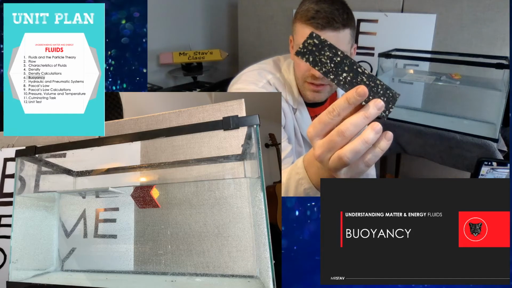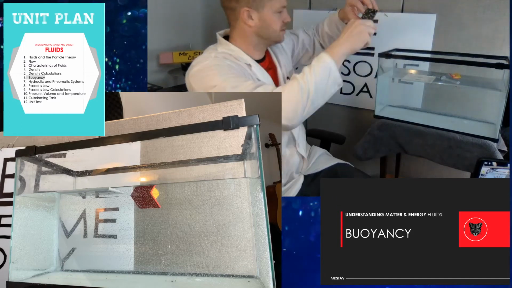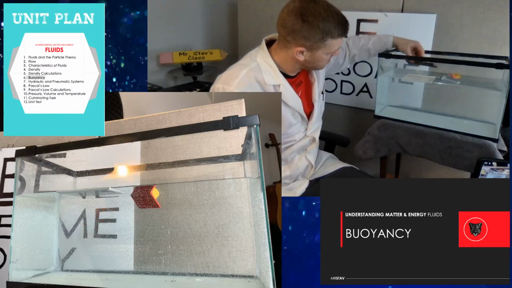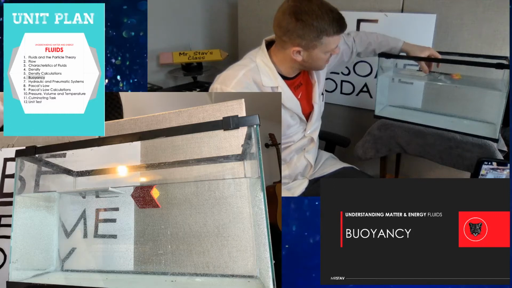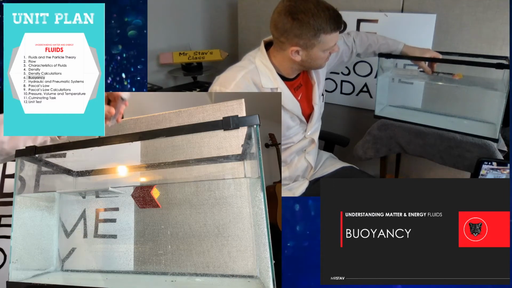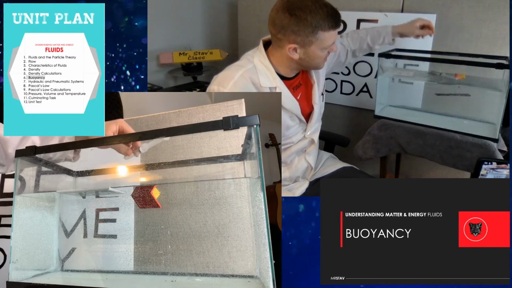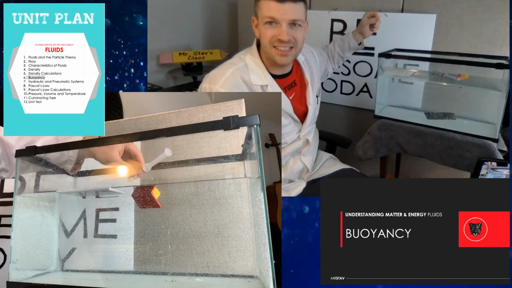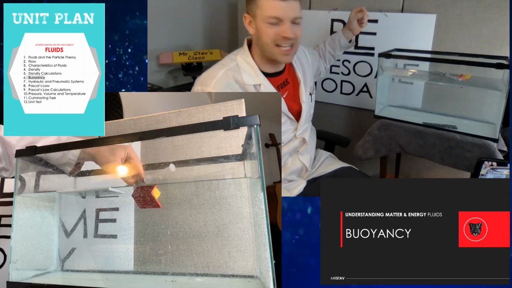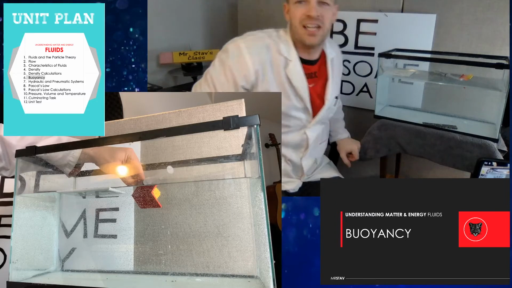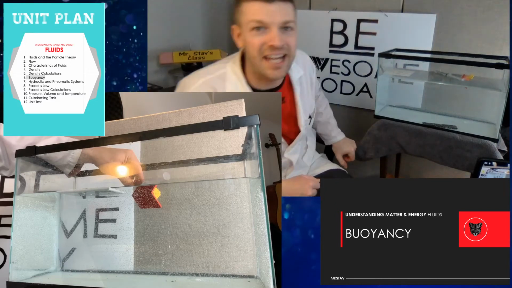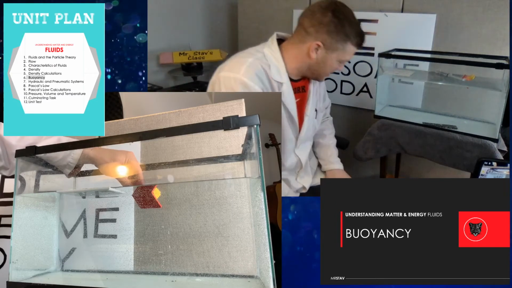Observe. Here we go. It's full sinking. We got a sinker. Our first sinker. It is proof that this is not magic water, that you can sink in this water.